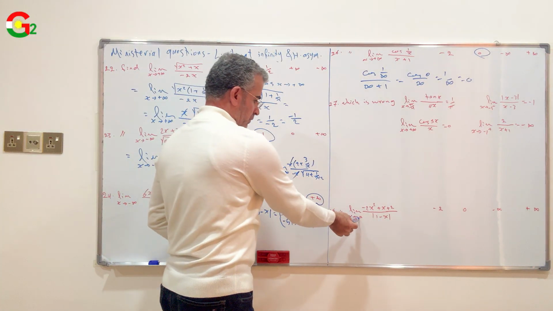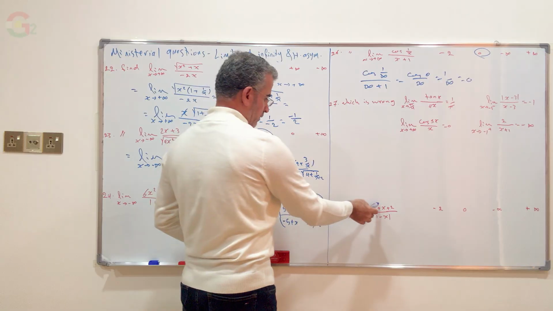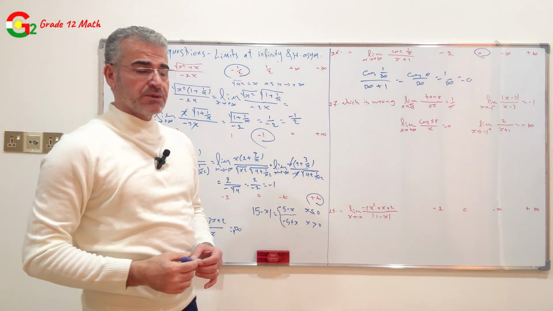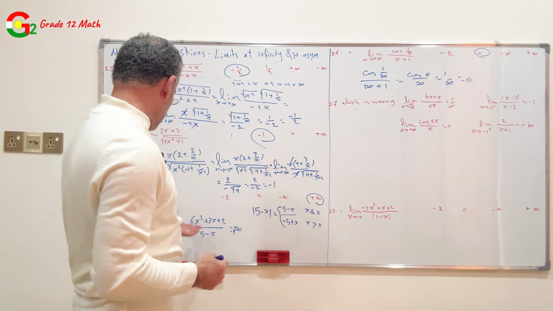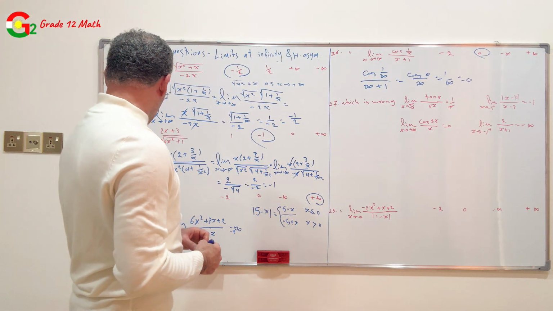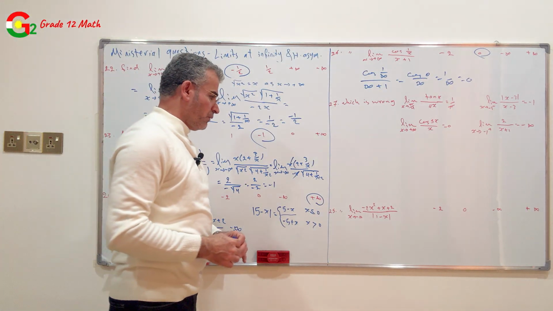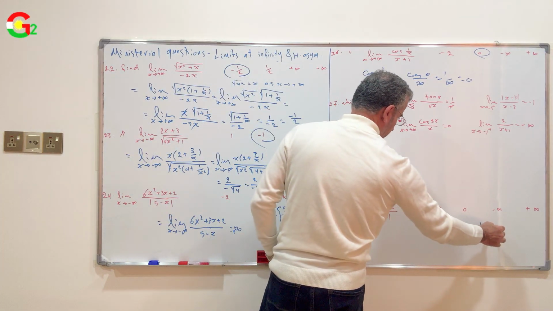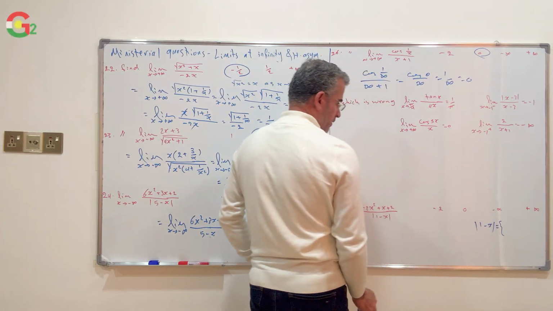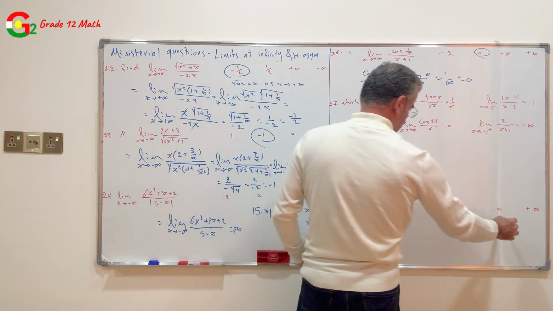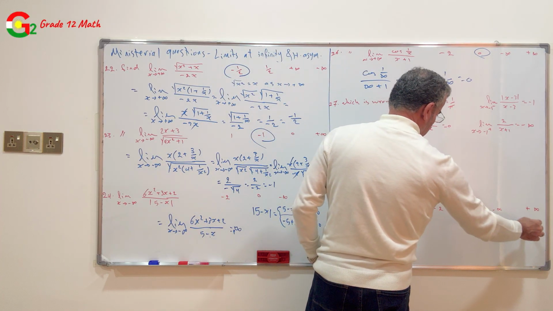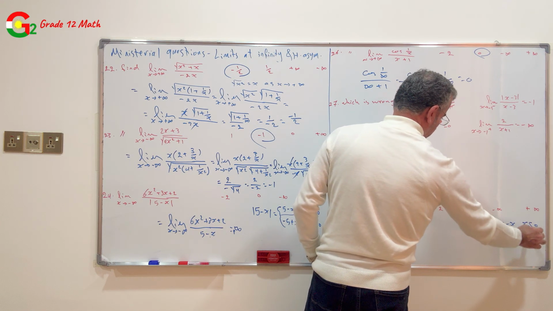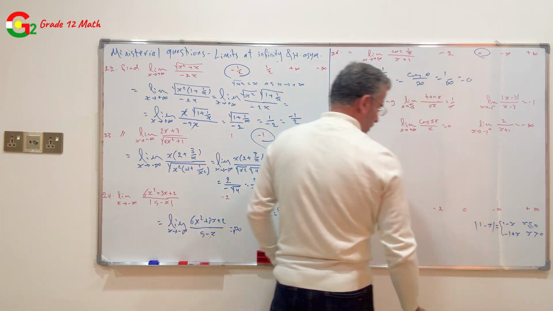Find the limit as x approaches negative infinity of negative 2x squared plus x plus 2 over the absolute value of 1 minus x. This is similar to 24. Remove the absolute value: 1 minus x inside the absolute value equals 1 minus x when x is less than or equal to 0, and negative 1 plus x when x is greater than 0.